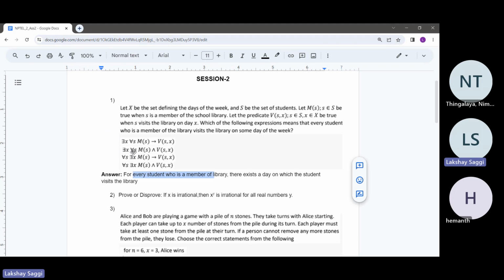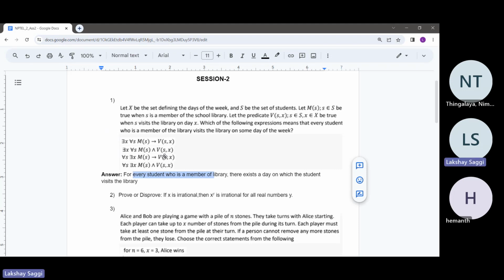As you must have seen in lectures, implication means that if the left part is true, then the right part should be true. So option C is saying that for every student S, there should exist a day X such that if M of S is true, then V of S comma X.